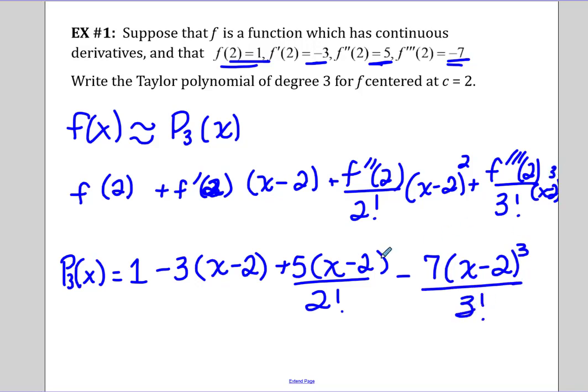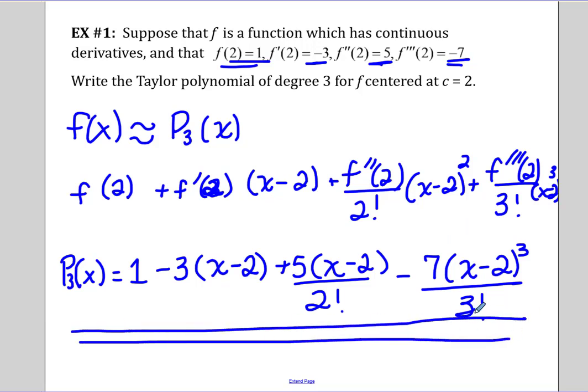So using that given information, we can write a Taylor polynomial centered around c equals 2.